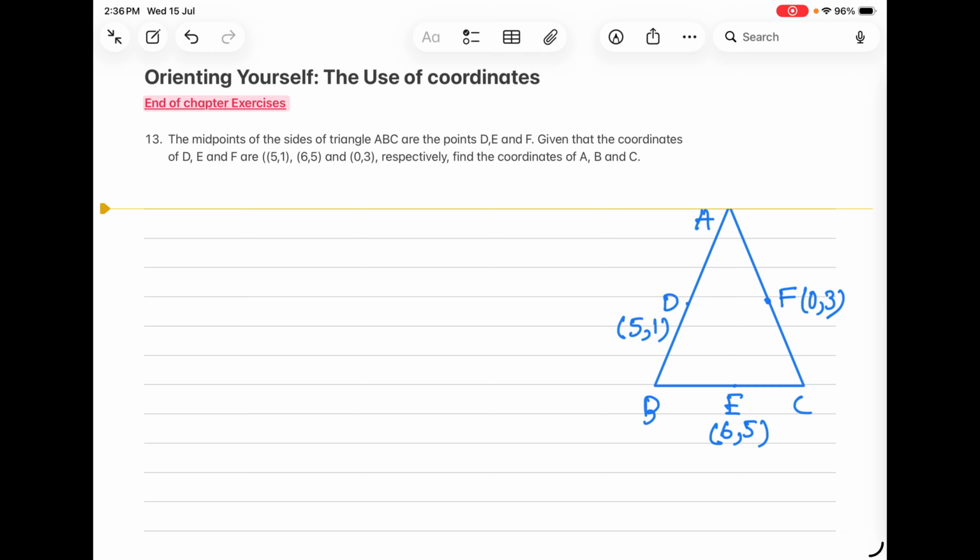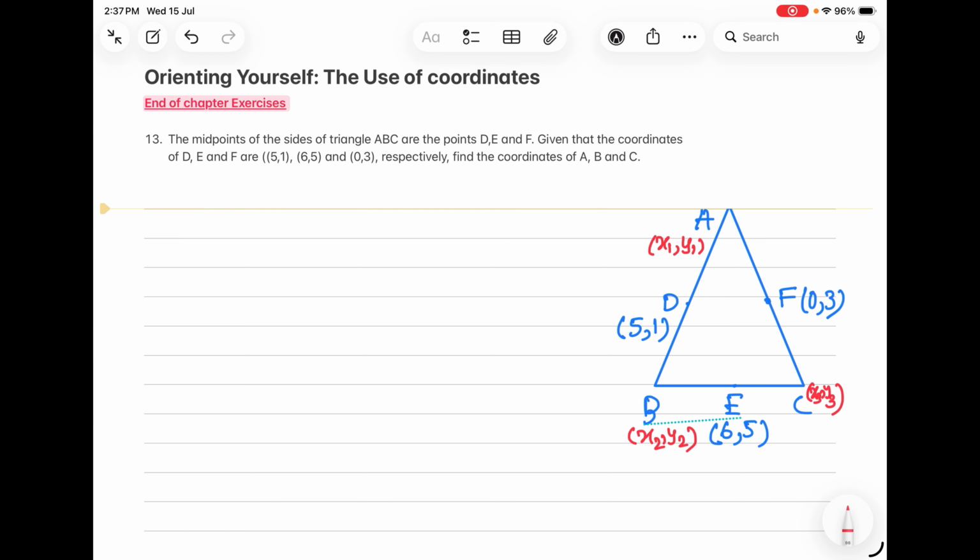So how do you find them? By the midpoint formula. Let the coordinates of A be (x1, y1), B be (x2, y2) and C be (x3, y3).